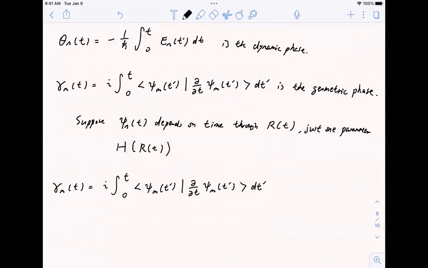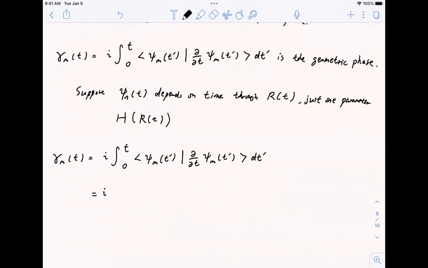So this derivative will be dR, and then you have dR over dt. You use the chain rule.